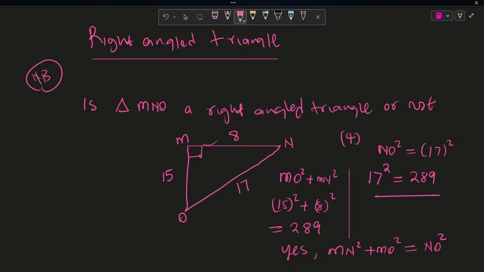Yes. It satisfies the theorem of Pythagoras. Yes, because we have a 90 degrees angle. Yeah, that's correct. That's how we do it.